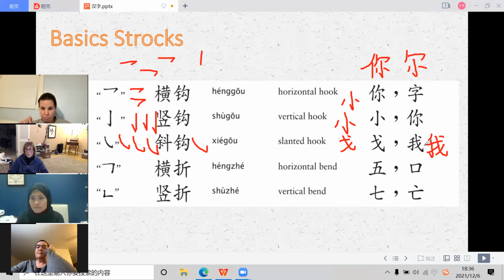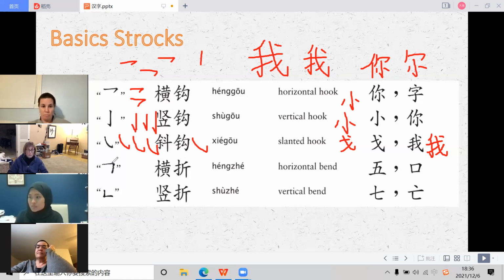Yeah, I think we can practice this, 我: 撇, 横, 竖沟, 提, 斜沟, 撇, 点.